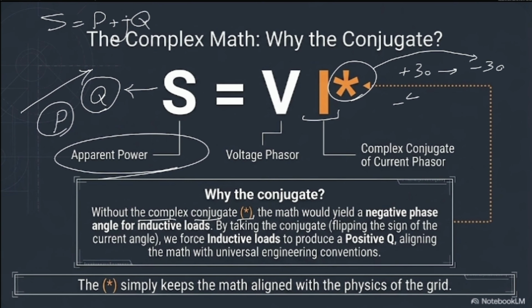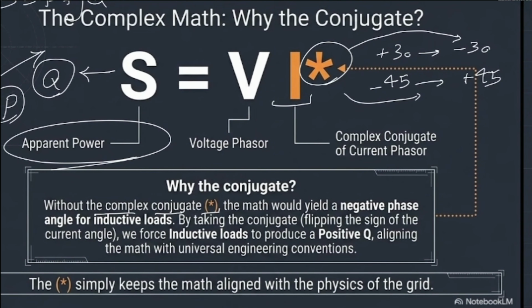If you have negative 45, this conjugate is going to make it positive 45. Why do we have that? Because without the conjugate, our math would yield a negative phase angle for inductive load. By taking the conjugate and flipping the sign of the current angle, we force inductive loads to produce a positive angle, aligning the math with the universal engineering convention.